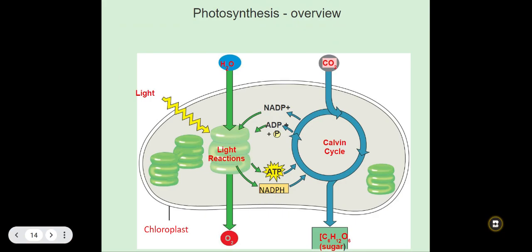So the way that this actually breaks down is that if we're looking at the chloroplasts that are inside the plant cell, light from the sun is going to come in and hit our thylakoids in the light reactions in the photosystems. We are going to have some water come into our chloroplasts and interact in our thylakoids through a bunch of different reactions.